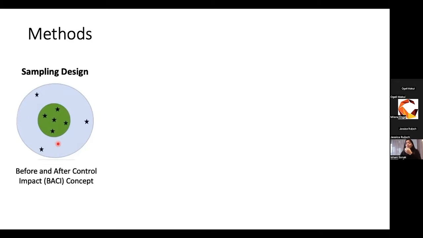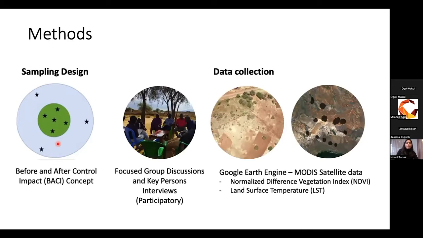This will come up in my results, but it's the same concept as Jessica explained. For data collection, to understand the perceived and social impact of the restoration efforts, I used focus group discussions and key person interviews. I did have a semi-structured questionnaire, but it was really guided by the discussions that I had with the local community members. It was quite participatory.